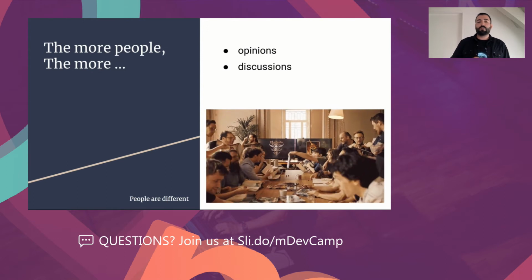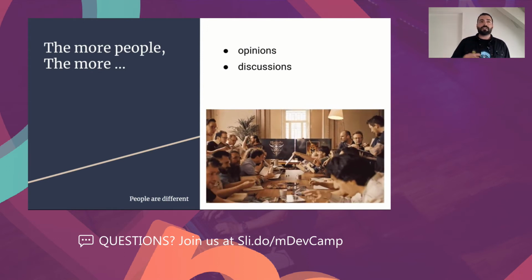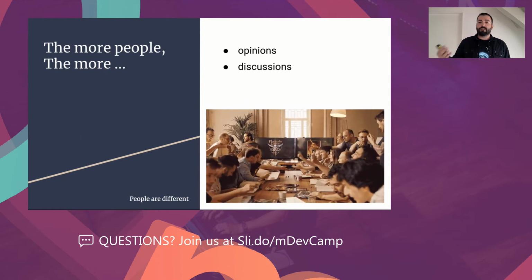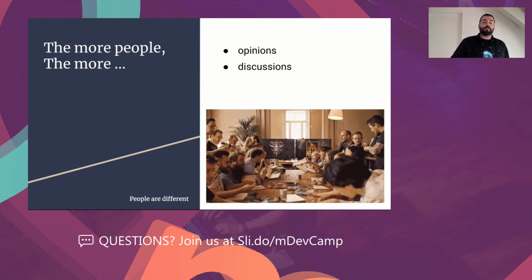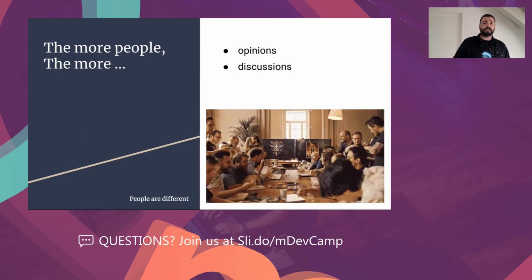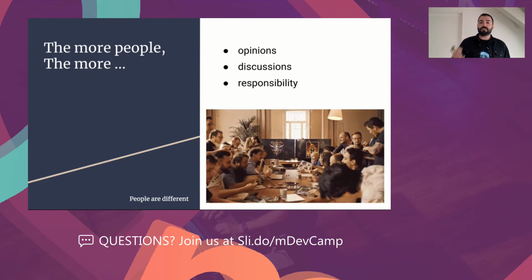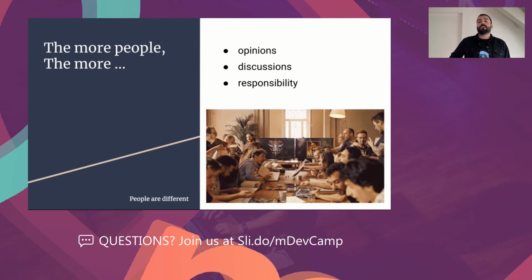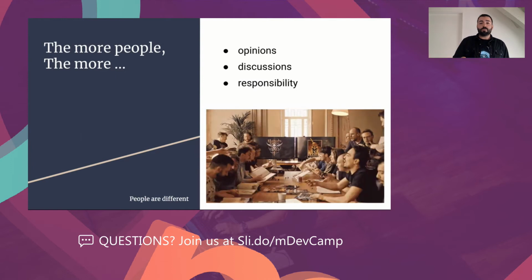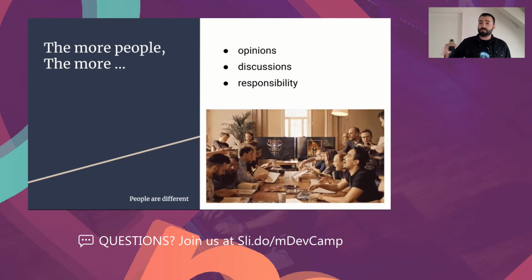Discussions are mostly for the better, because you're trying to understand whether the idea is actually for the better, or whether there can be other alternatives. More people also means more responsibility. The decision you make is not only going to affect you, but also a lot more people who work on the same code base, same structure, same environment.